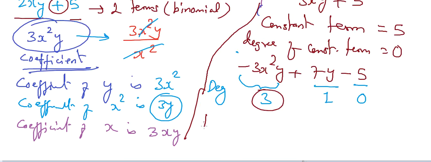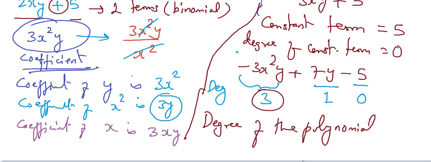So the degree of this polynomial, which has three terms, is 3. So how to find the degree of a polynomial? Determine the degree of each term and pick up the highest one; that's the degree of the polynomial.